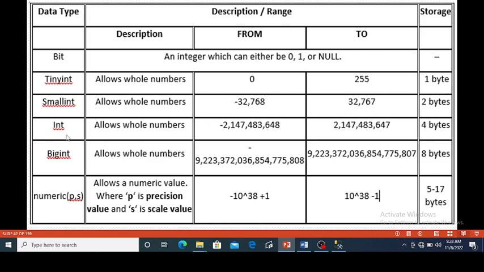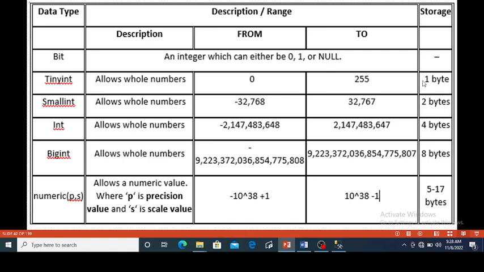We have integer, int, which allows whole numbers from this one to this one, which is 4 bytes.